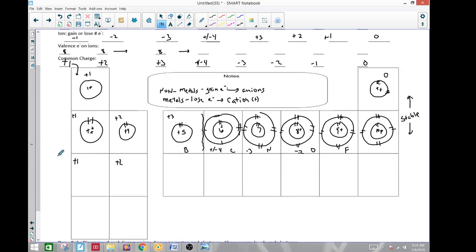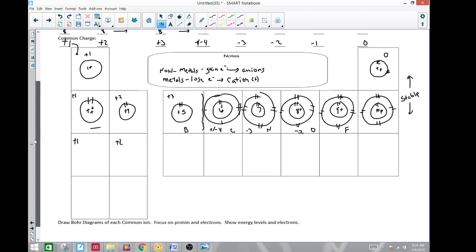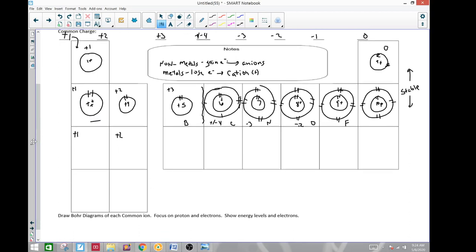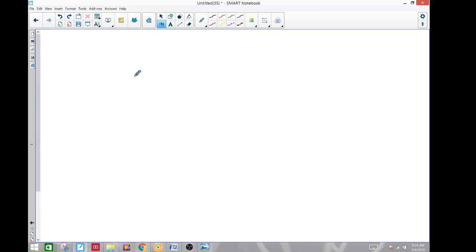Now one important thing you kind of want to get out of this thing here might be, anything else down here? Draw a Bohr diagram for each common ion, focus on protons, electrons, show energy levels. Okay, we did that. But one thing you kind of want to make sure you understand, take away from this, is that on our periodic table, not a very good one here, we have a couple of representations here.